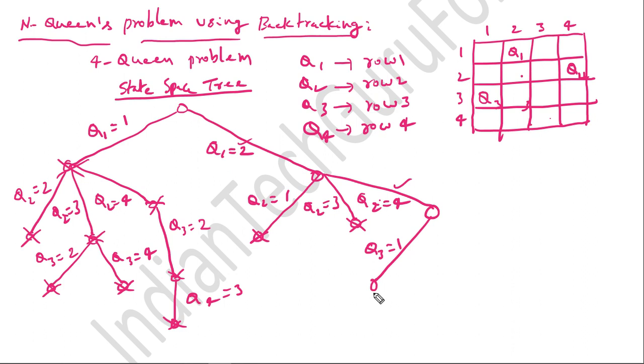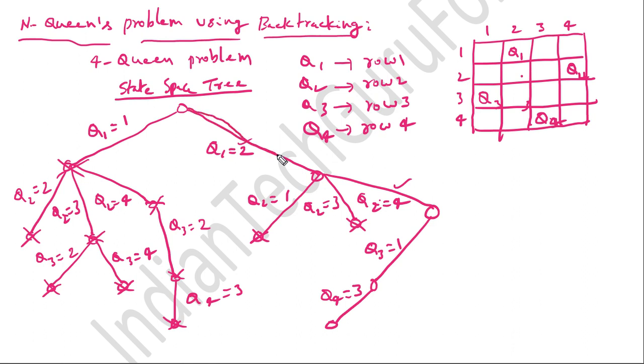So now I try to place Q4. What is the remaining location? The third location. If I place Q4 in the third column, there is no issue at all, either row wise or column wise or diagonal wise. So this is the final solution we got.